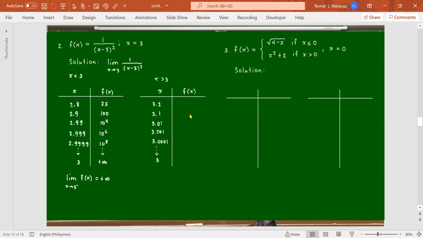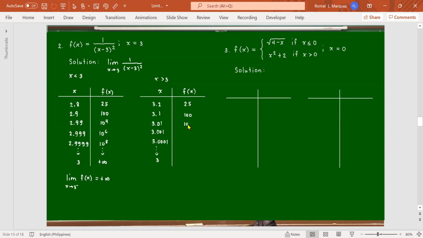So what are the corresponding values of f of x? For the first value, 3.2, f of x is 25 also. What about when x is 3.1? 100 also.